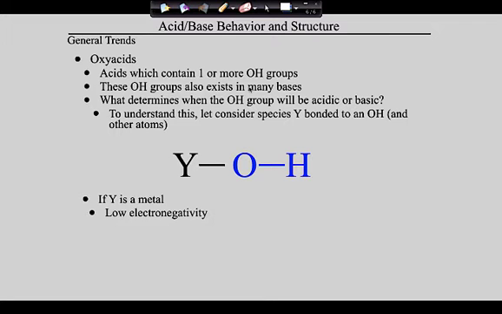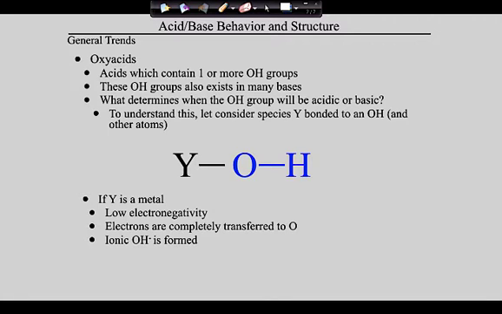Because metals have low electronegativities, what does oxygen do to Y if Y is a metal? Oxygen's got a high electronegativity. Y has got a low electronegativity. So what is oxygen going to do to Y if Y is a metal? Steal its electrons. What kind of bond does that form? An ionic bond. So guys, if Y is a metal, then this bond is ionic. And if it's ionic, we have now formed OH groups, and those are basic.